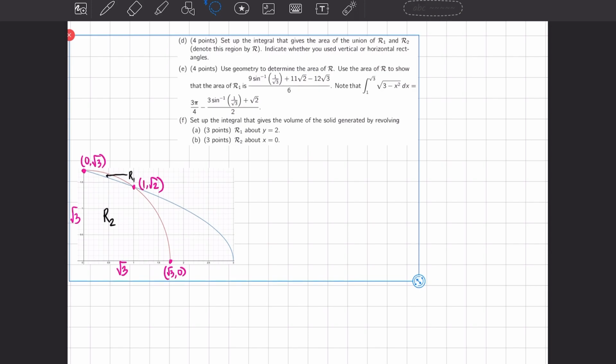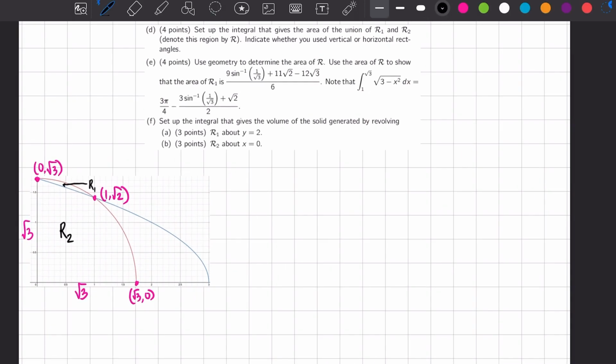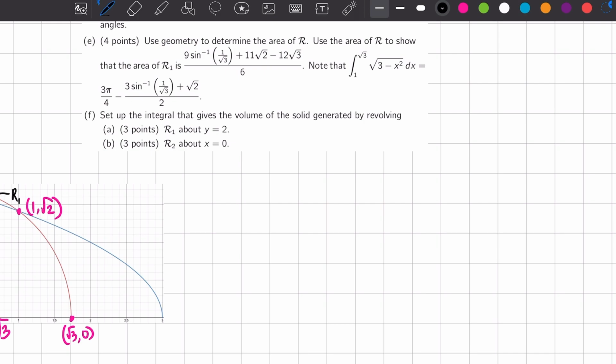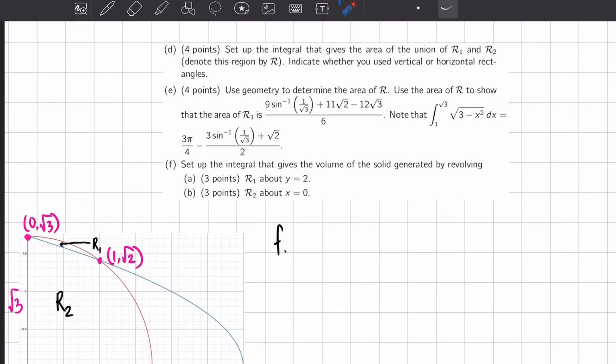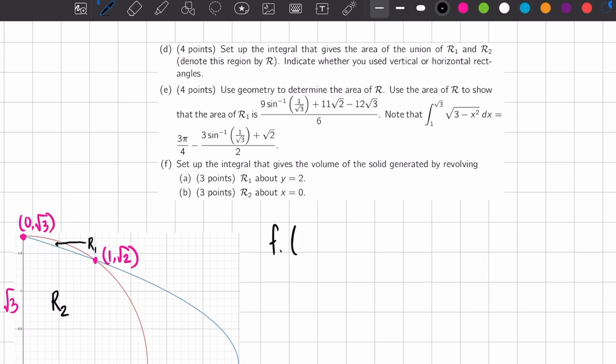Okay. For letter F, we need to set up the integral that gives the volume of the solid generated by revolving, for the first one, R1 about the line y equals 2.